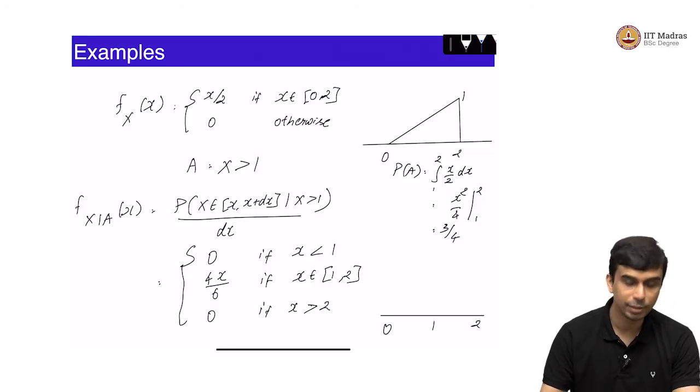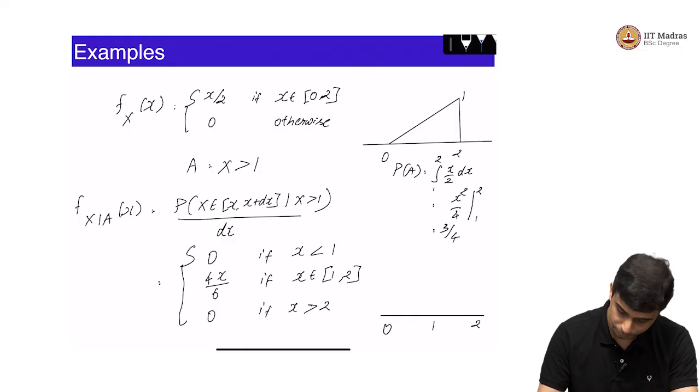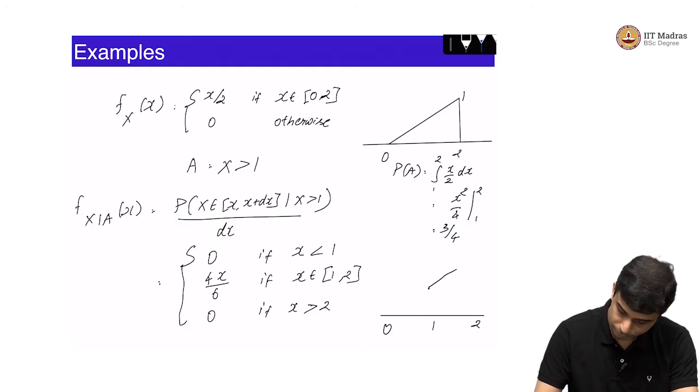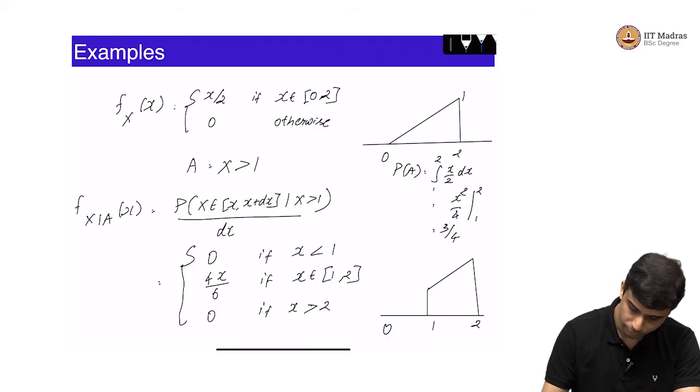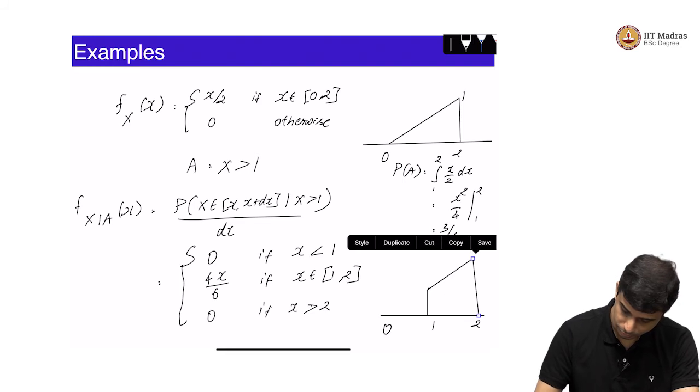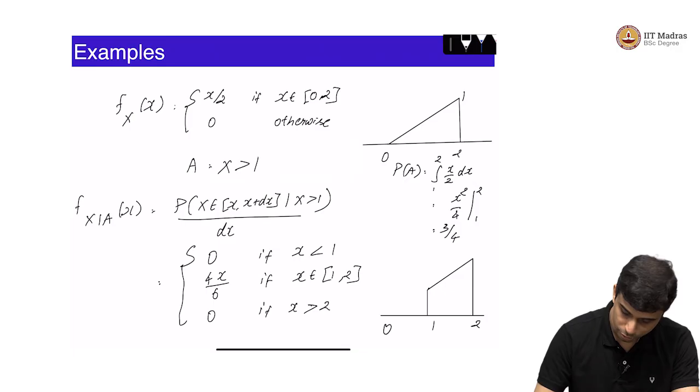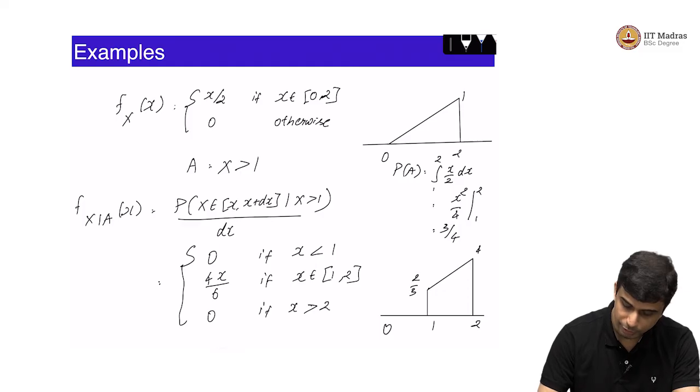At 1 it is going to be 4 by 6, at 2 it is going to be 8 by 6. So, the value here is 4 by 6 or 2 by 3, and this is 8 by 6 or 4 by 3.